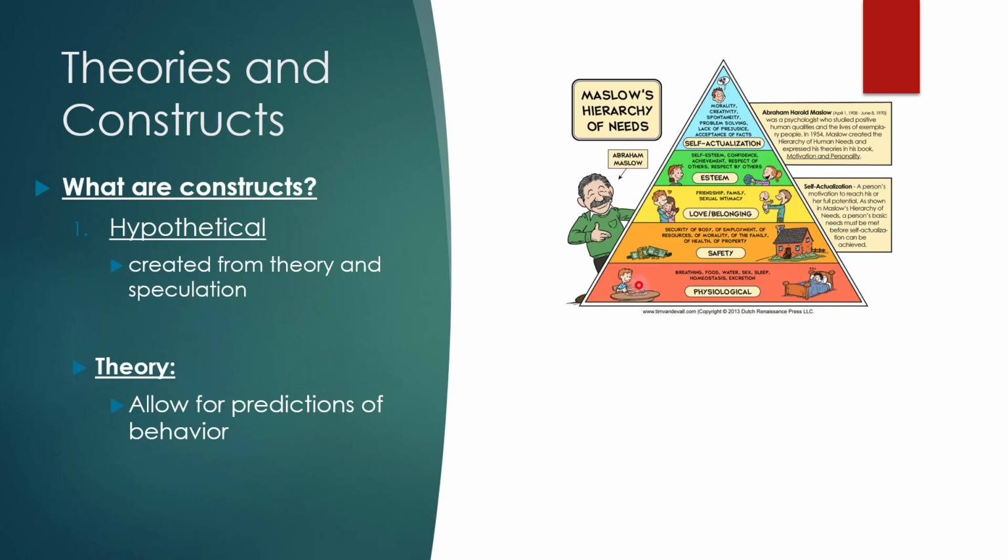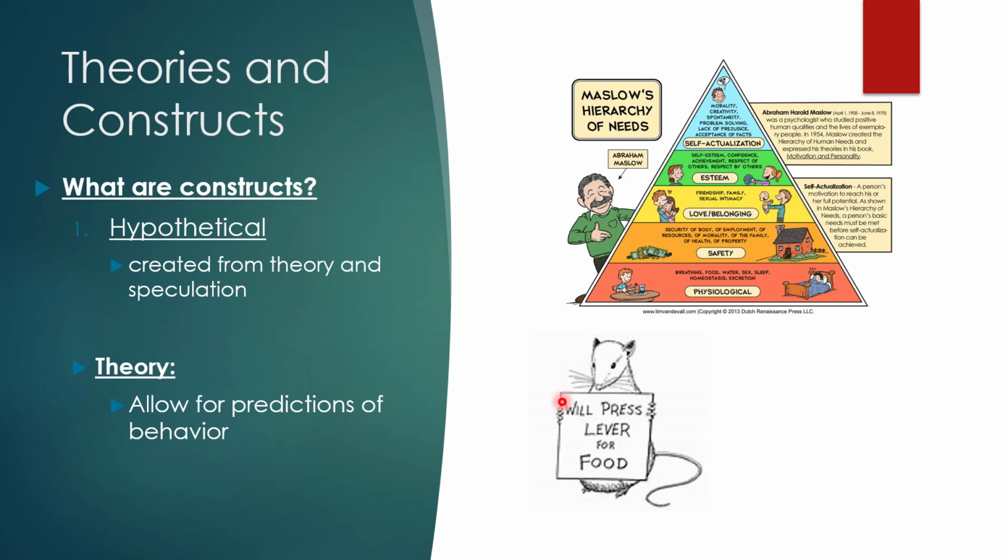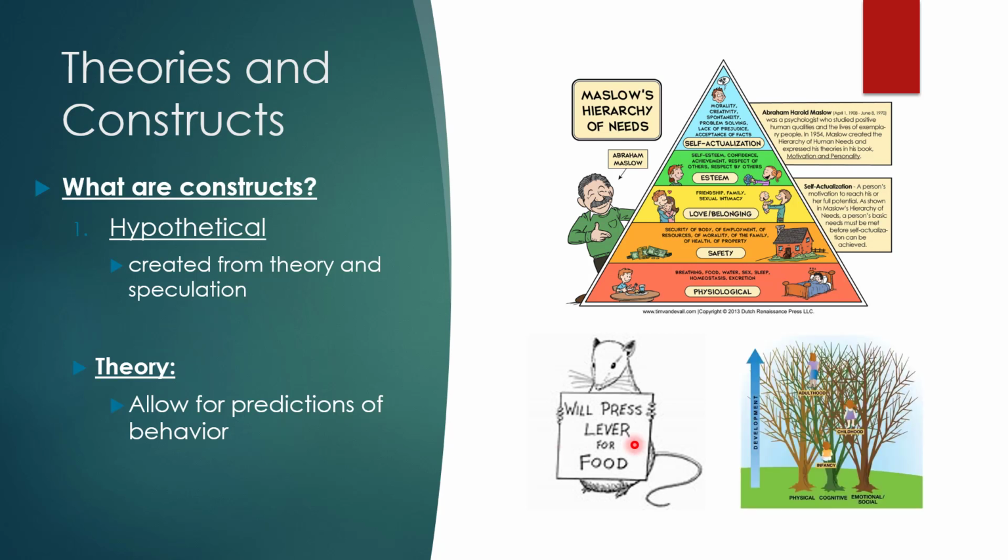Maybe you learned about Maslow's hierarchy of needs, or Skinner and operant conditioning, behaviorism with Pavlov's dogs, or the lifespan perspective of development. All of these are theories that are based off of a set of observations and allow for predictions of behaviors. Those theories contribute to the constructs that we develop.